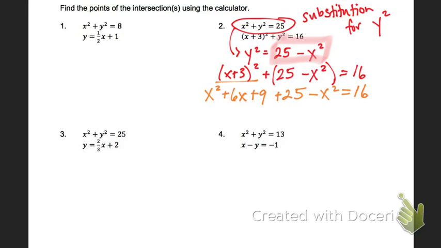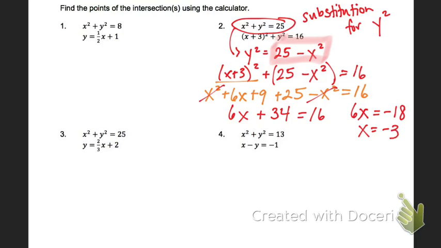Now I want to solve for x. Something nice about this is what happens. Yes, makes life a lot easier. So then I have 6x plus 34 equals 16. 6x equals negative 18, and x equals negative 3.